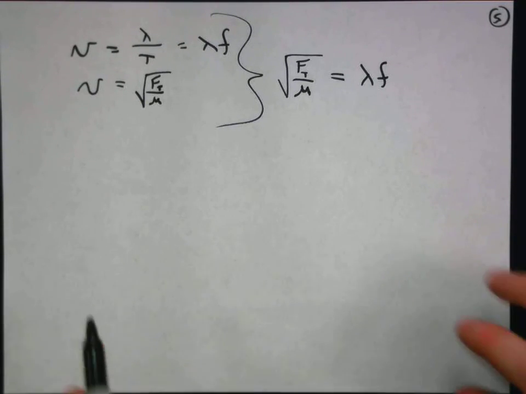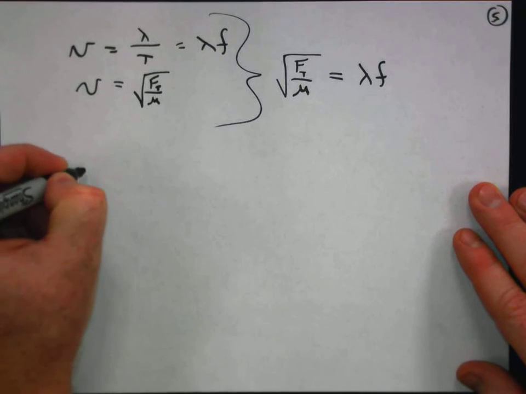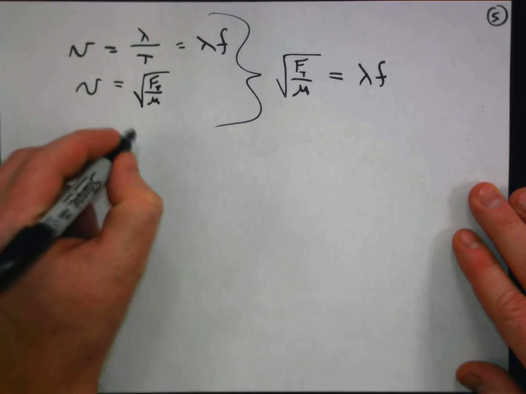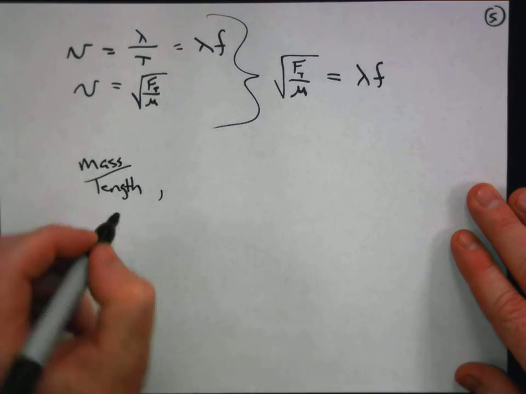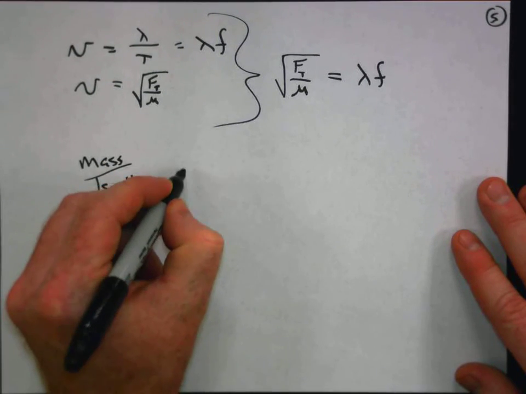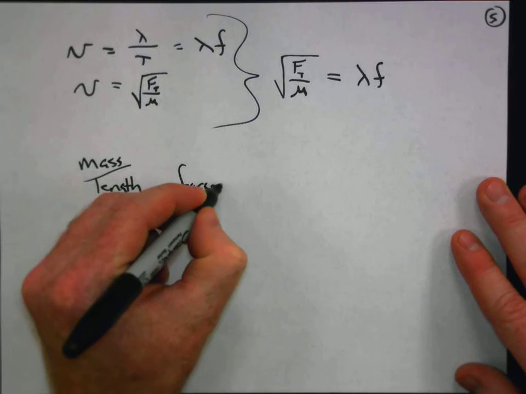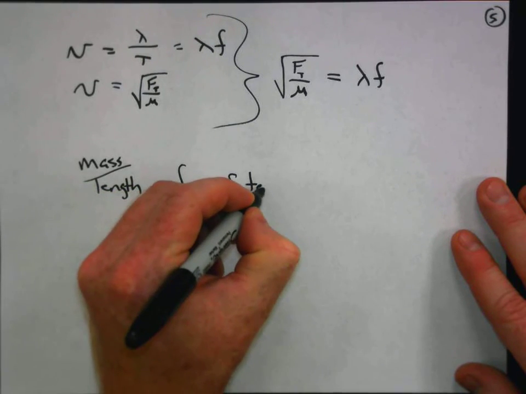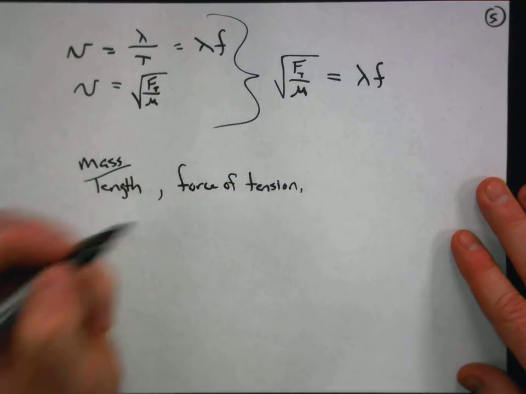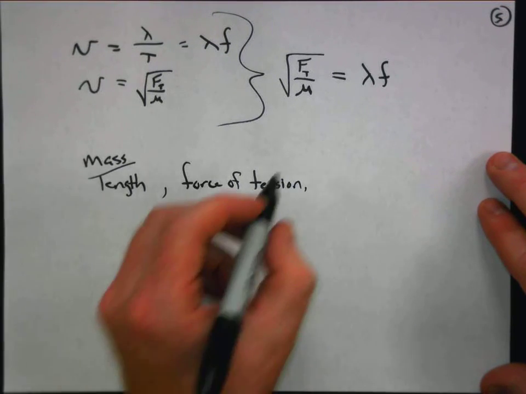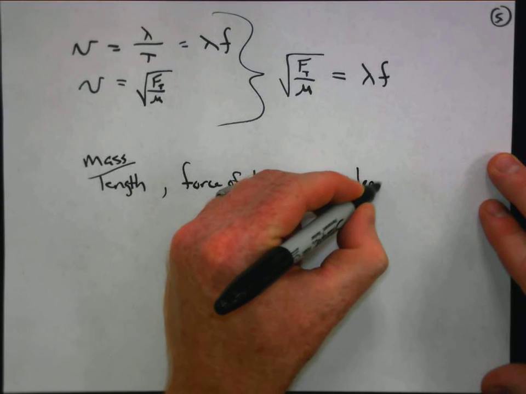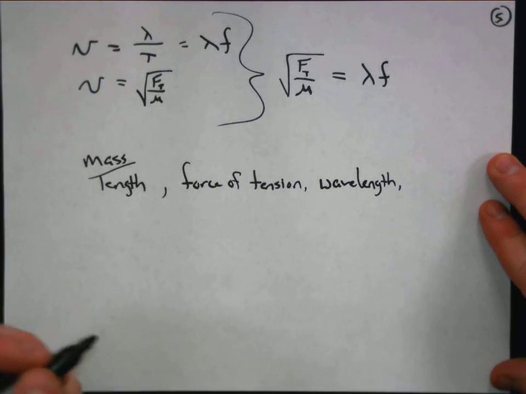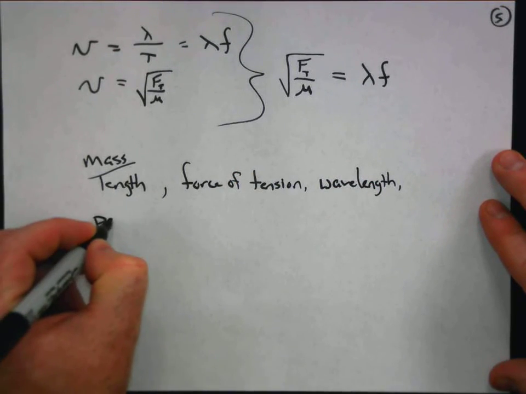So it's worth doing. We're essentially connecting mass per unit length. We are connecting force of tension. To those we are relating wavelength. We are relating the period of the wave.